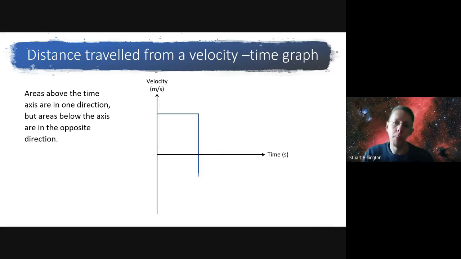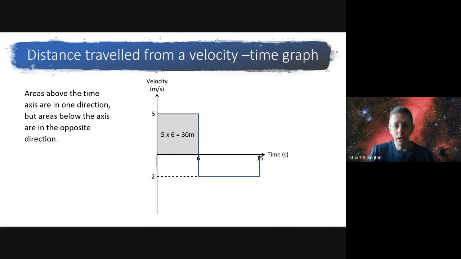We need to remember that any areas that are above the line are in a forwards direction, and any areas that are below the line are in a backwards direction. So we need to treat the two areas separately. We can't just do them at the same time.